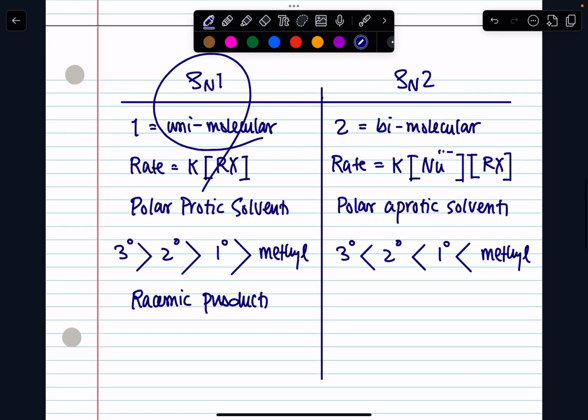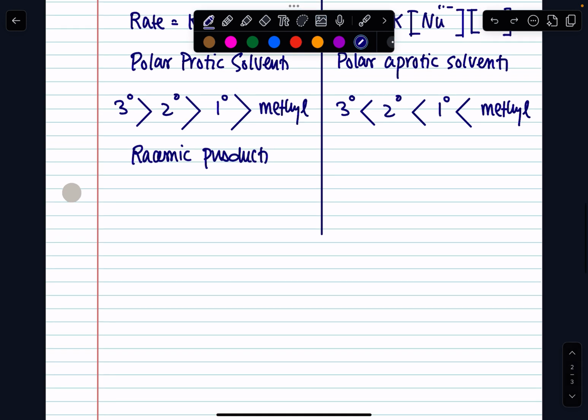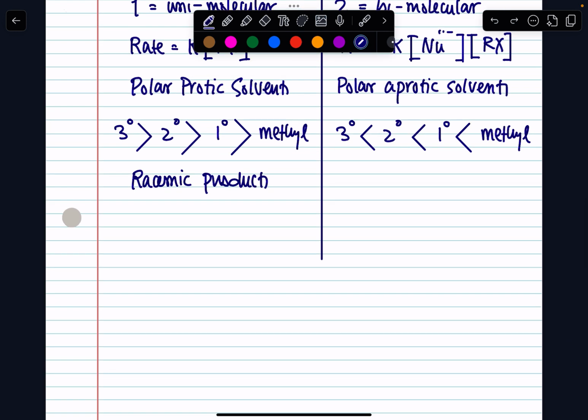The products of SN1 reactions typically give you R and S, so you would have essentially optically inactive products. For SN2, the products are optically active, and they are inverted products.